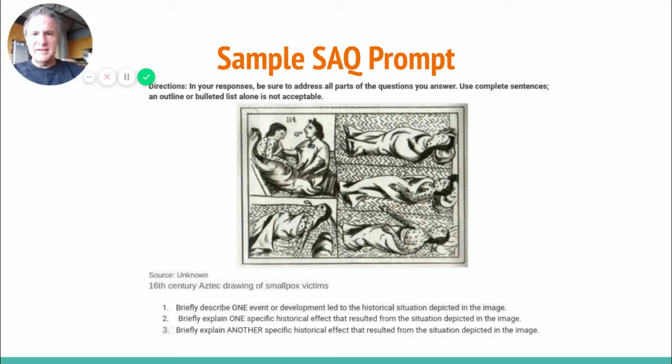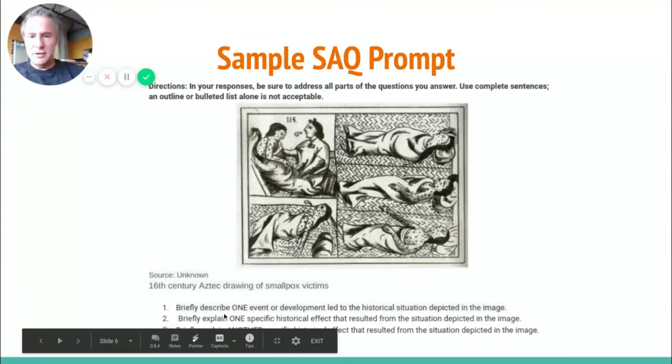So let's take a look at a sample SAQ prompt. I went with one that had a stimulus. It has a primary source, a 16th century drawing of Aztec smallpox victims. So the stimulus is intended to get your thinking going about a particular topic. You'll notice that this question is asking you to describe one event that led to the historical situation. That's a causation question.